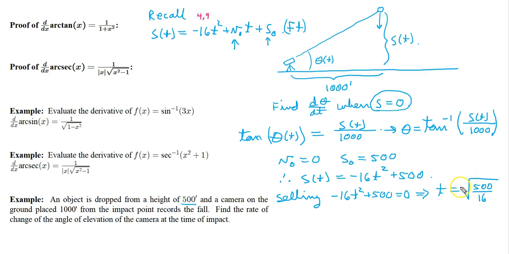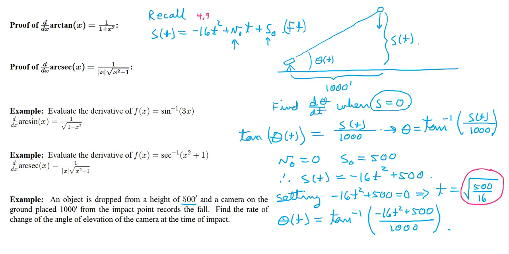So we use a plus here. Now let's put this in for our s right here, and we get this, and now we need to differentiate this with respect to t and put this number right here in place of the t after we differentiate.